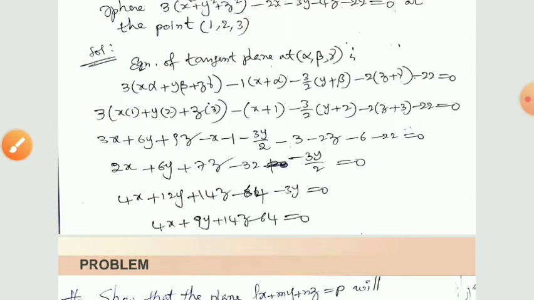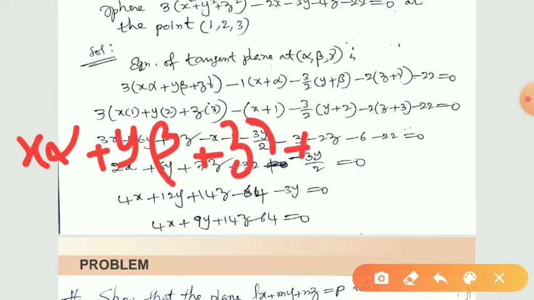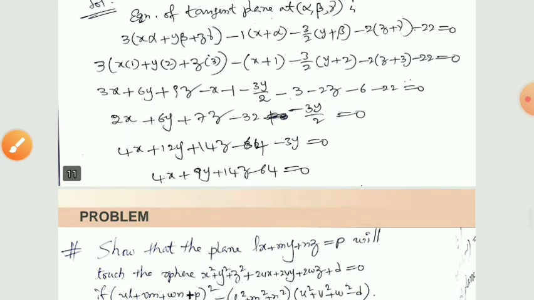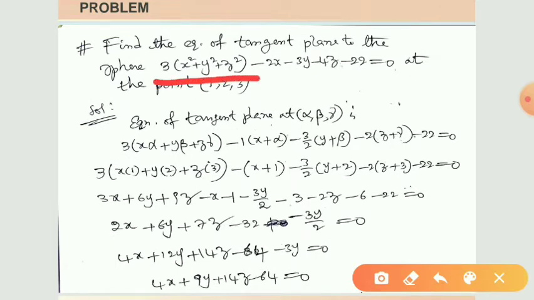Therefore actually what is the equation of the tangent plane? By applying this principle, the equation of the tangent plane in this case can be written as: 3 into x square can be written as x alpha plus y beta plus z gamma. Minus 2x can be written as, what is half of 2? Half of 2 is 1.